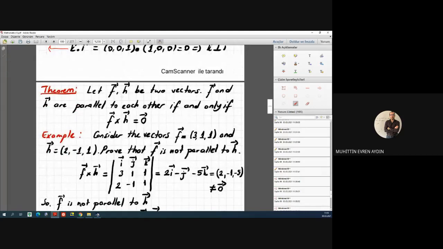If F and H are two vector valued functions and their vector product is 0, then those are parallel or linearly dependent.